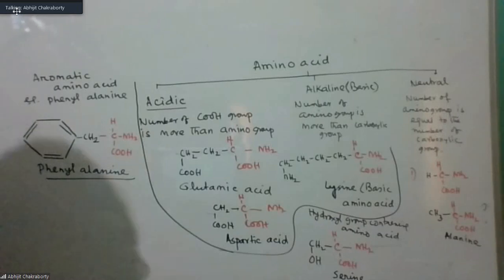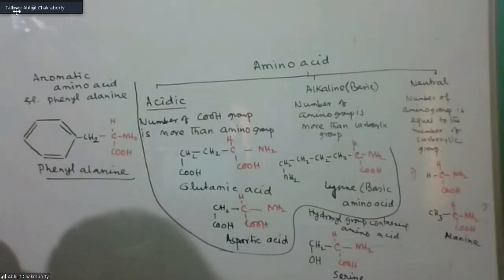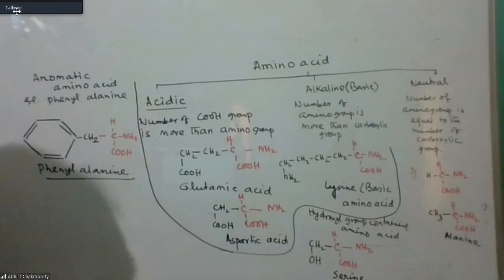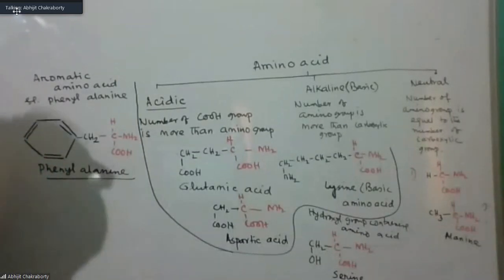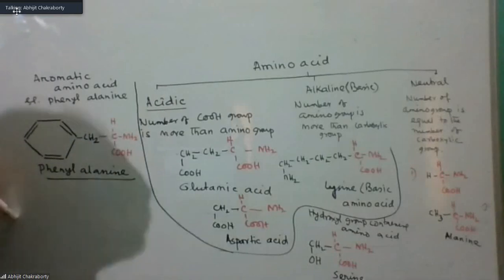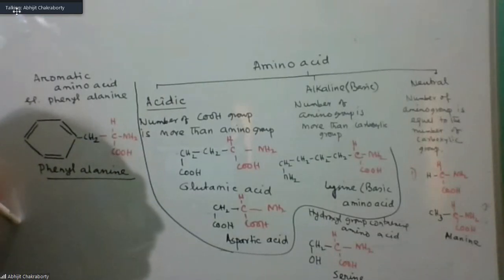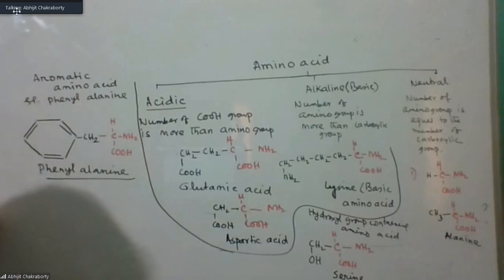So it is an aromatic amino acid containing a straight side chain bearing carboxylic group and amino group and a cyclic ring. Actually, aromatic amino acids are those amino acids whose R group contains a cyclic ring. Then you can call it aromatic amino acid.